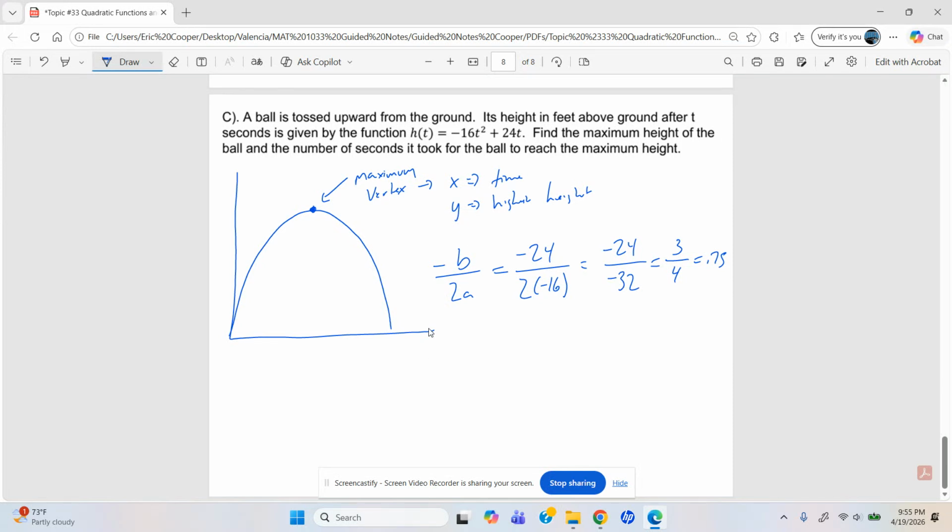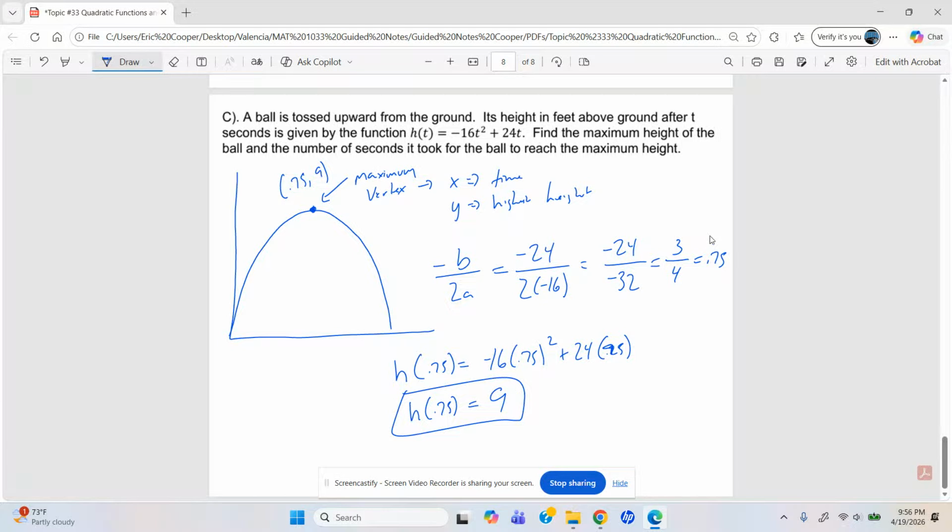And if I want to figure out what the height would be, I would plug 0.75 into here. So I would go negative 16 times 0.75 squared plus 24 times 0.75, sorry. And we would solve. If you were to solve it, we would get h of 0.75 equal to 9. So it's telling me the vertex is 0.75 and 9.